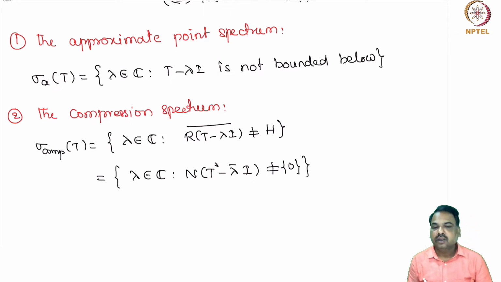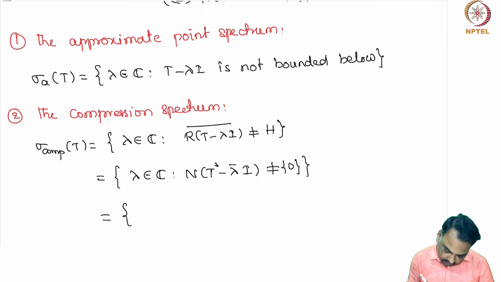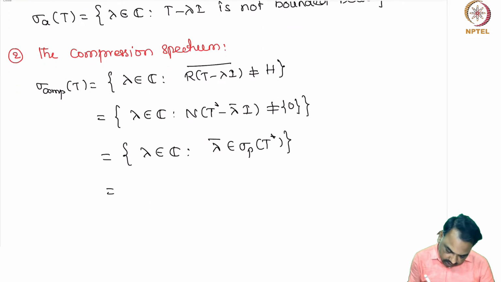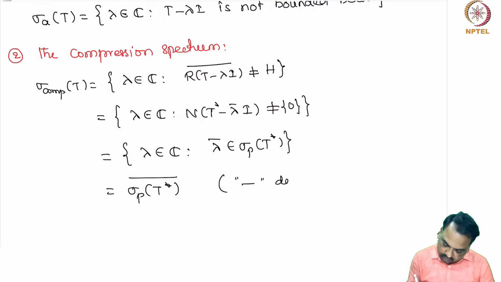That means lambda bar is in the point spectrum of T star. So this is the set of all lambda in C such that lambda bar is in the point spectrum of T star. So we can say that it is exactly the point spectrum of T star, with a bar. Here the bar denotes the conjugation, not the closure.